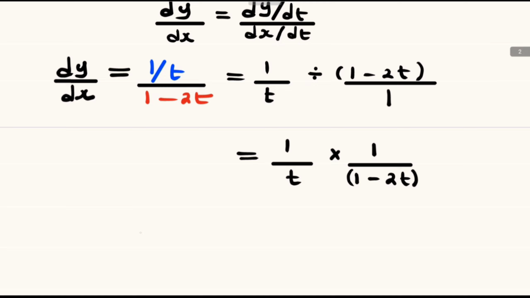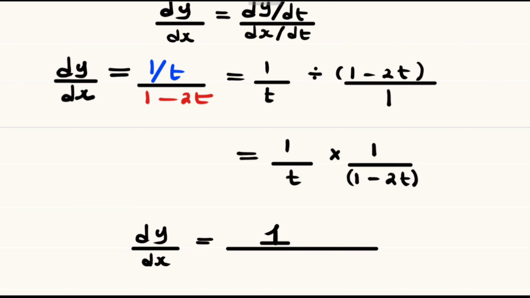Our dy divided by dx will be equal to 1 divided by, we can distribute the t, so the t multiplied by that 1 will be equal to t, and the t multiplied by the negative 2t will be equal to negative 2t squared.